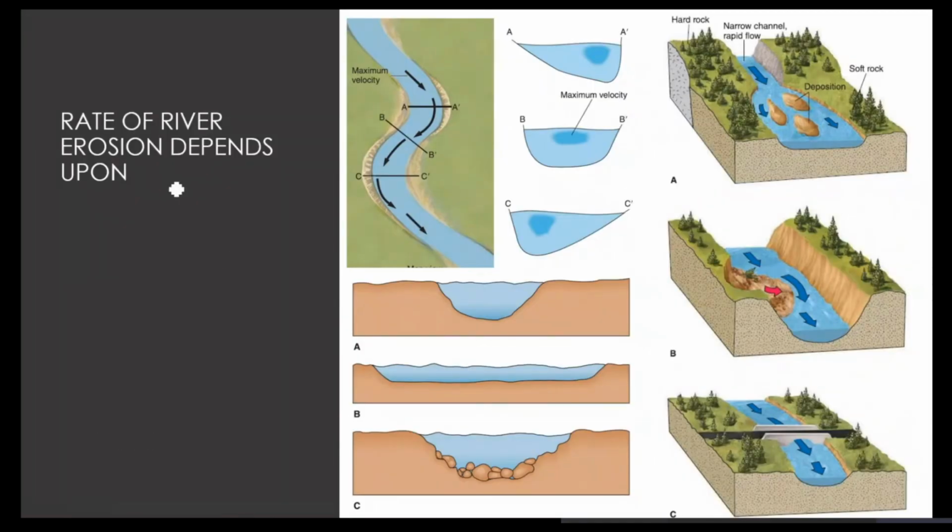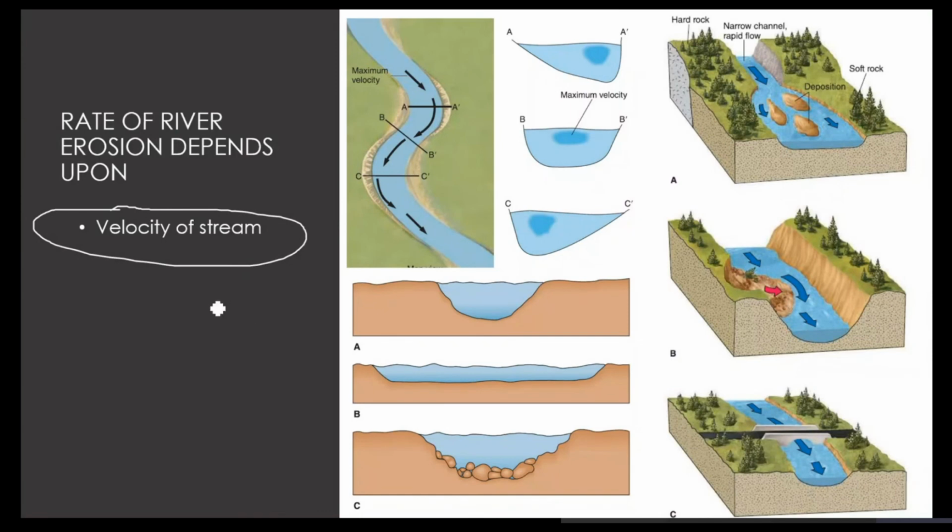So one more thing we are going to discuss here is that the rate of these erosion processes will basically depend on a number of parameters. Number one is the velocity of the stream, and velocity of the stream is also not uniform in all parts of the stream. For example, this AA is a cross section at this part, where on this end, if you see, it is mostly a depositional low energy condition because the river flows in this way and the major energy comes to this center.